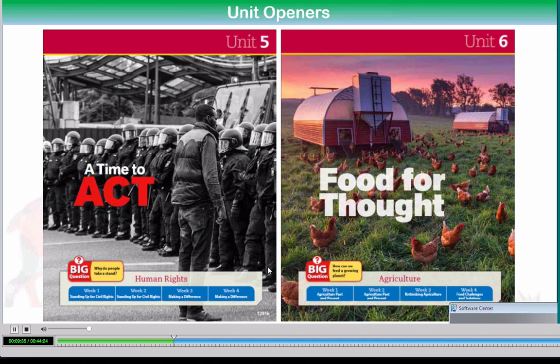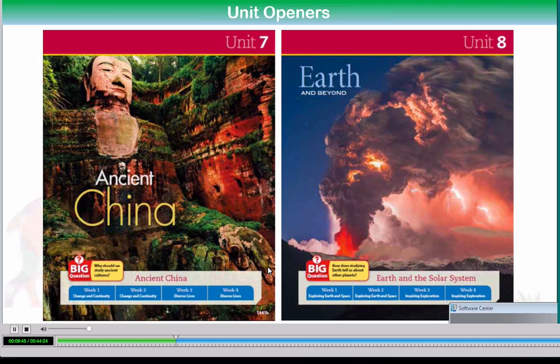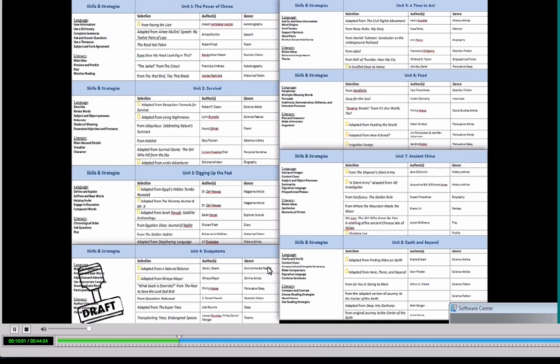A Time to Act, that's an engaging photo to me. Why do people take a stand? Food for Thought, how can we feed a growing planet? Ancient China, why should we study ancient cultures? And Earth and Beyond, how does studying Earth tell us about other planets? So they're all very thought-provoking big questions that are going to get students into wanting to read the literature and come up with conclusions for these questions.